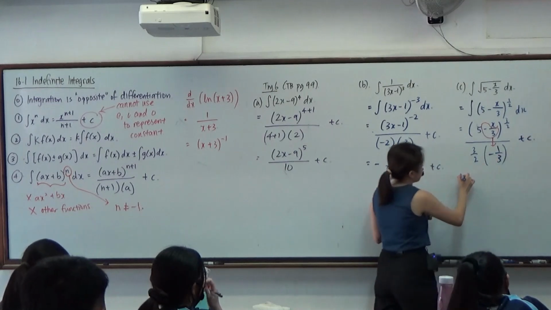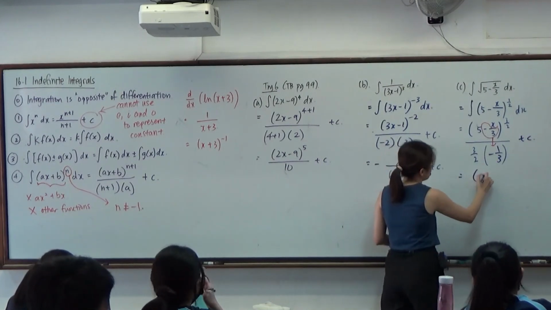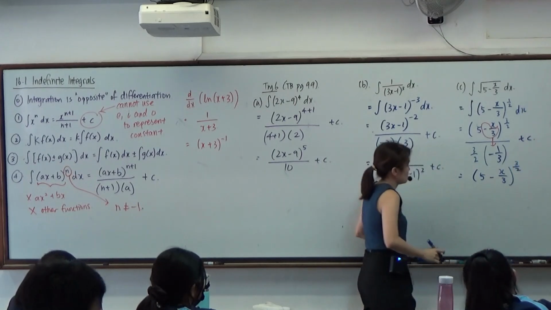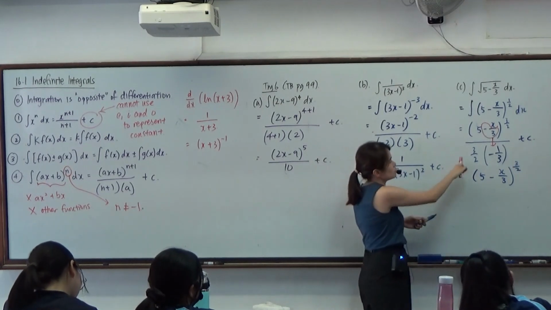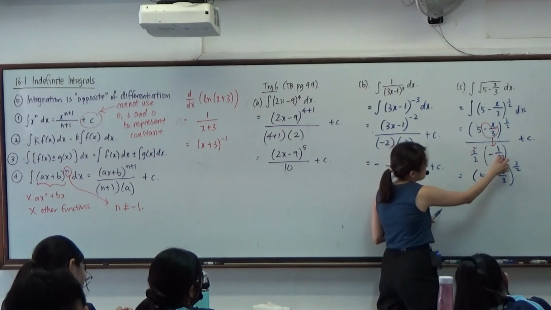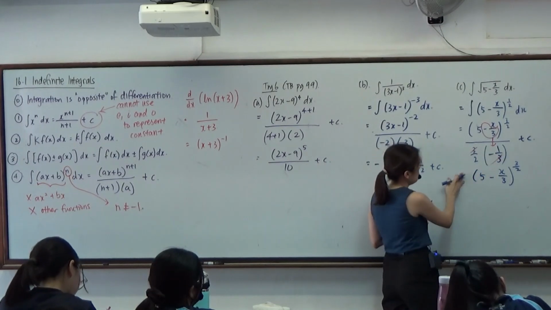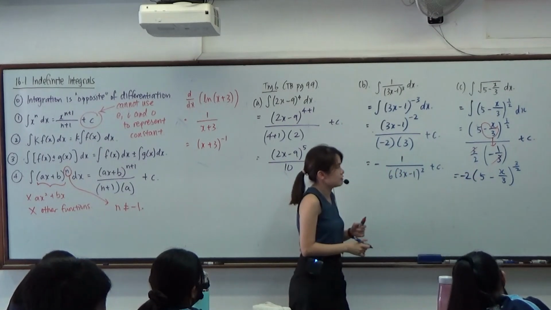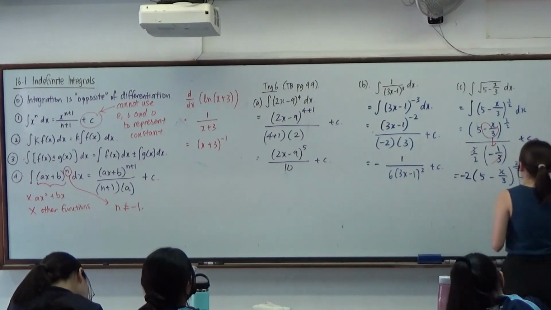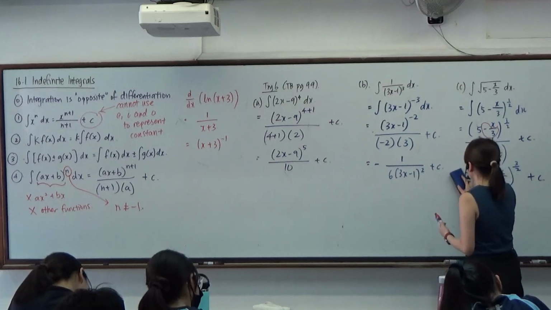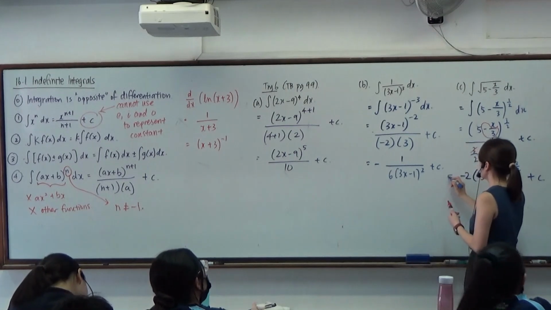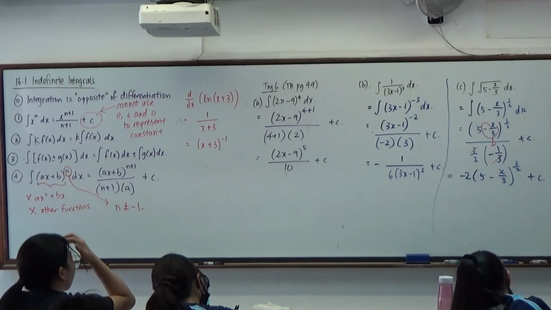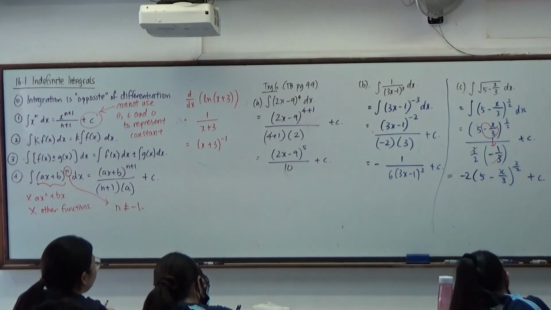Then plus C. 3 over 2 times negative 1/3 will give us negative half in the end, which is actually a multiplication of negative 2. So we get this answer.